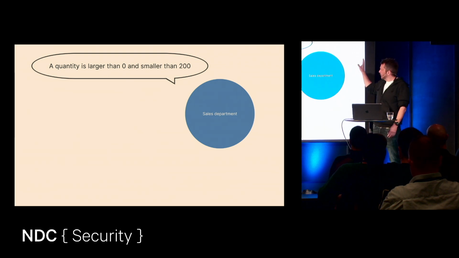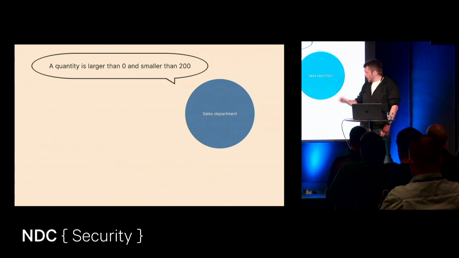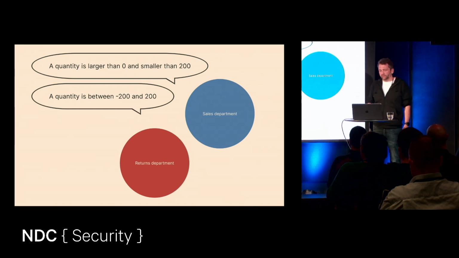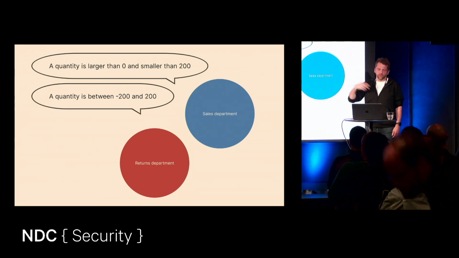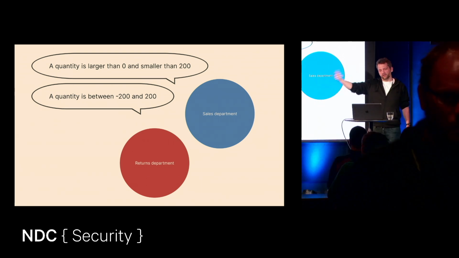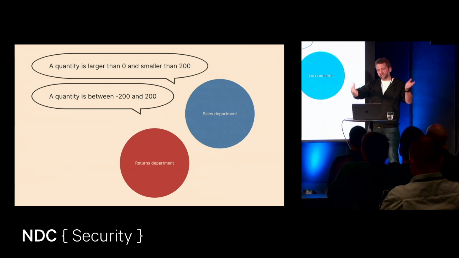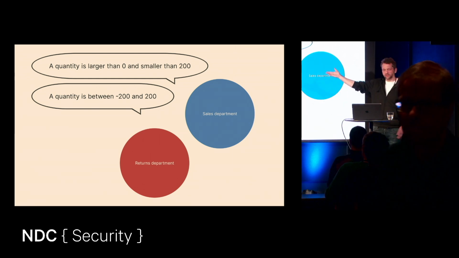So we have some rules around what is a quantity when we want to order something. However, in the returns department, a quantity might be negative because we're getting something back. Like there's someone returning something, so we now get in a computer that someone didn't want, so they're returning it to us. So now a quantity can suddenly be negative.